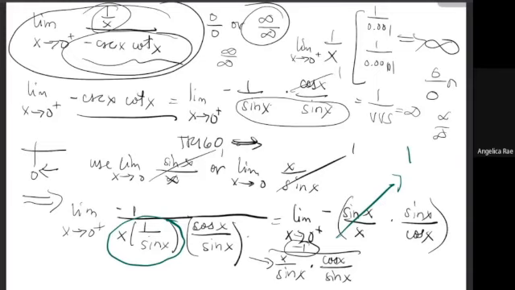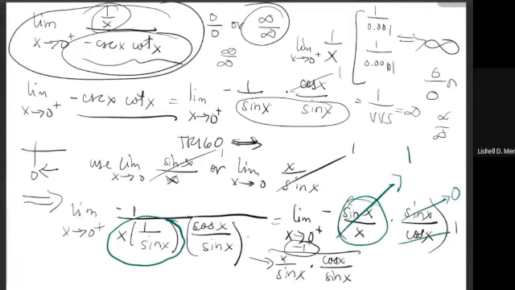Kasi if this is 1, ito, ano to? What is sine of x as x approaches 0 from the positive side? This approaches the value of ano class? 0. How about denominator? Approaches the value of 1.